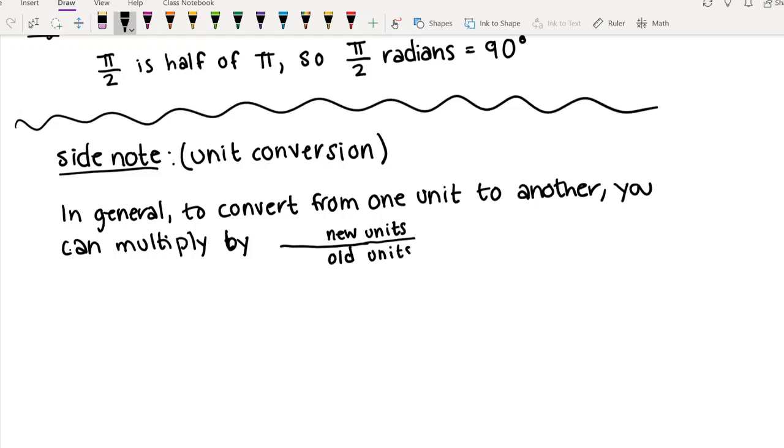And maybe I'll just put in A and B. The numerator and the denominator have to be equivalent to each other in order to work. And what will happen is you end up canceling out your old units so that you're left with the new units.